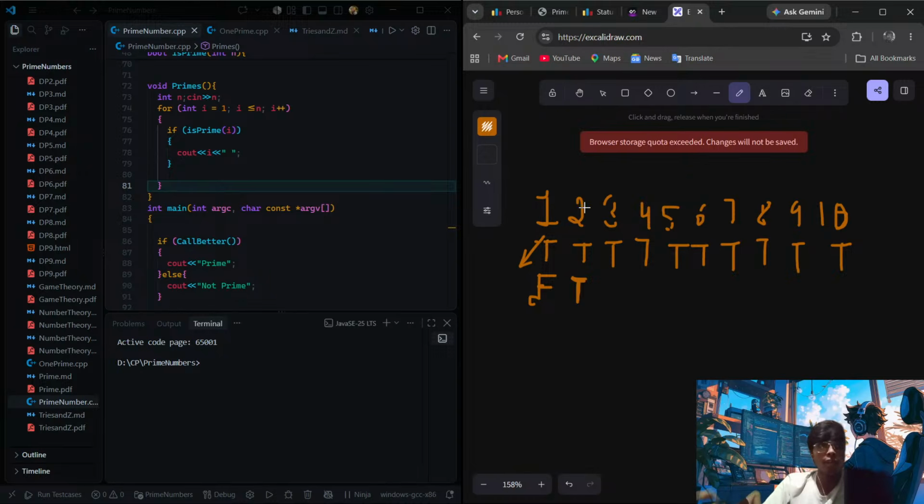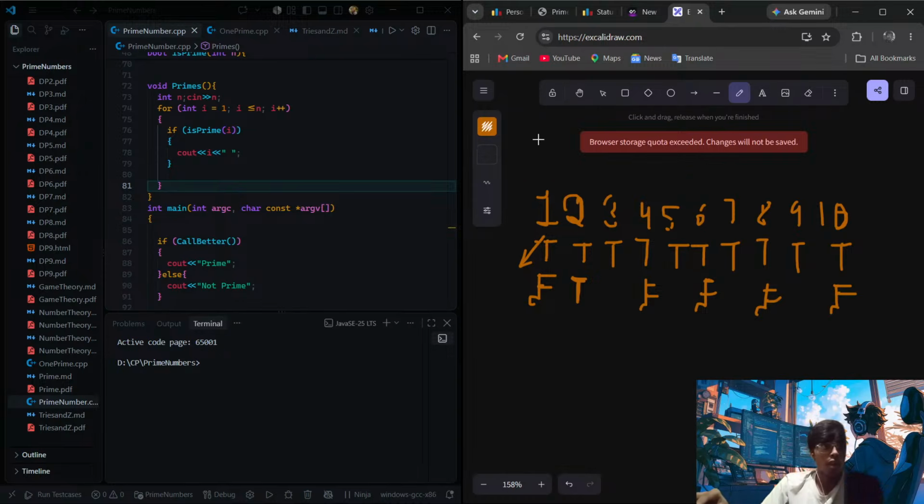It means that 4 will never become prime, 6 will never become prime, 8 will never become prime, and 10 will never become prime.